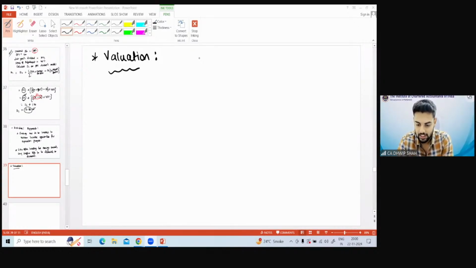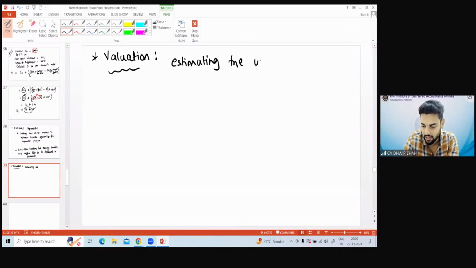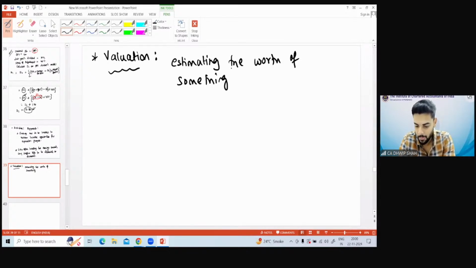Determining the value means... Okay, that is correct. In other words, it is nothing but estimating the worth of something. Yes or no? Correct? Assessing the worth, correct. So it is nothing but estimating the worth of something.